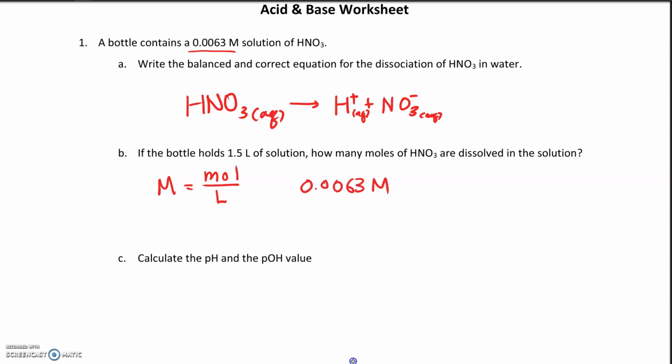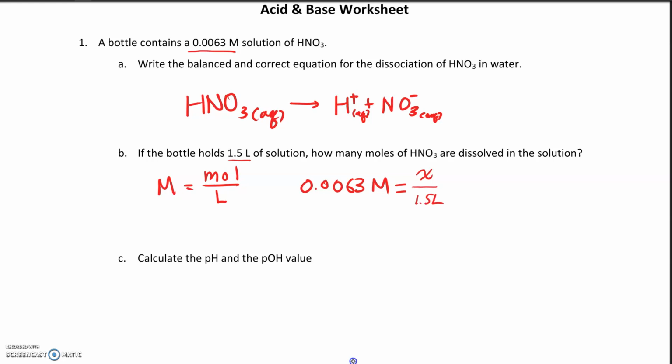0.0063 molar as our concentration, and equal, we do not know our number of moles currently, so that is our X. We know our volume, which is right in this question, 1.5 liter. Now, this is basic algebra.